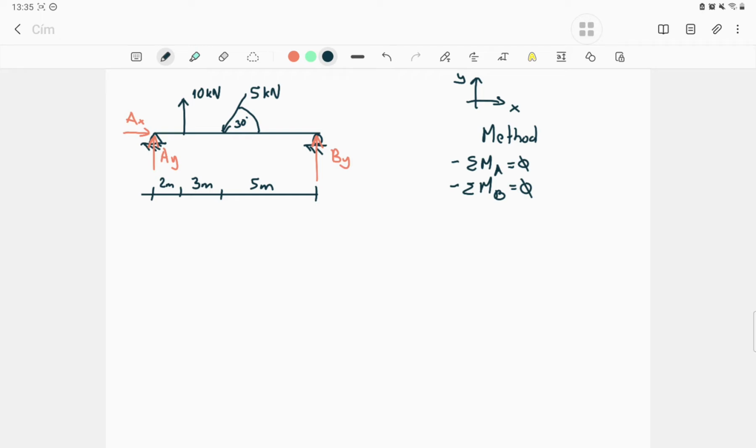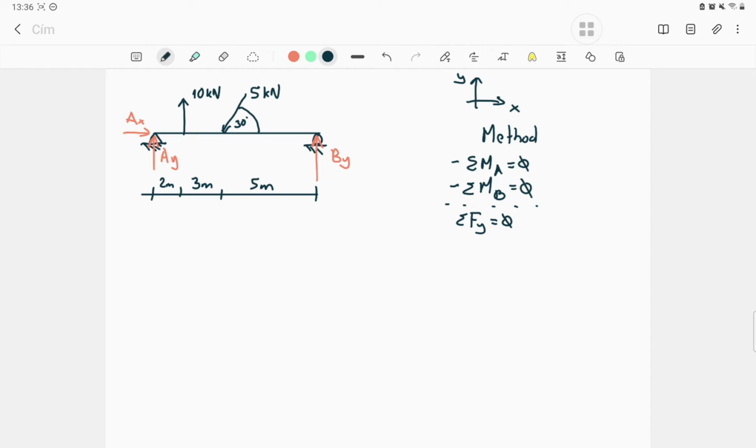And after we have solved both of them, we will check the results with the summation of Fy. This is when you add all forces which are parallel with the y-axis. So this is not a moment equation, this is a simple force equation.